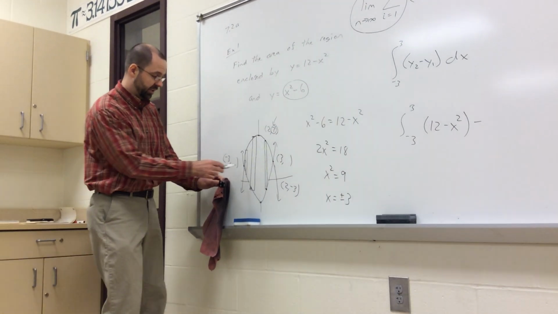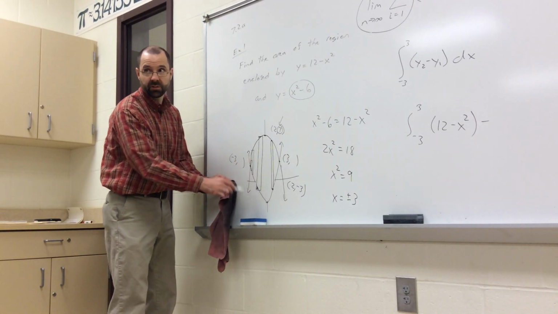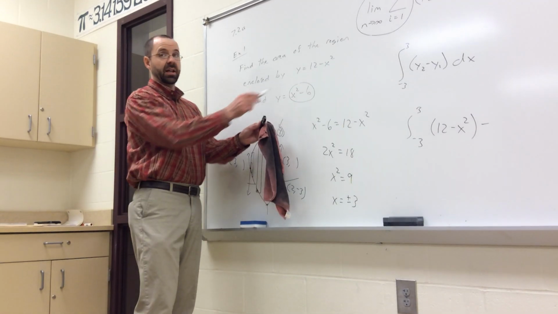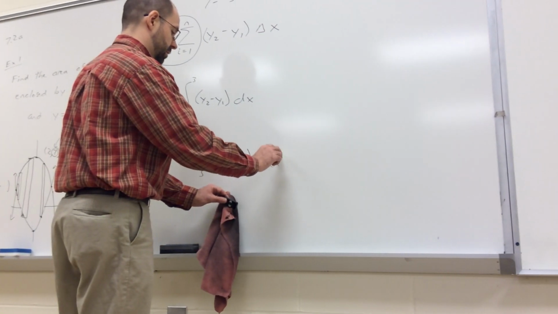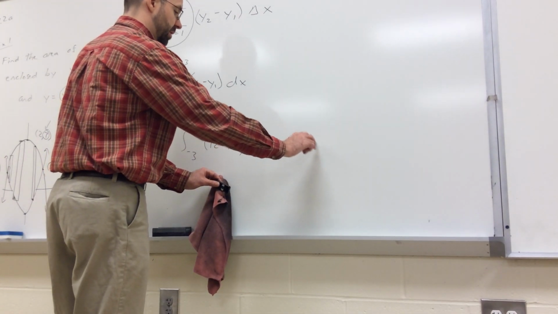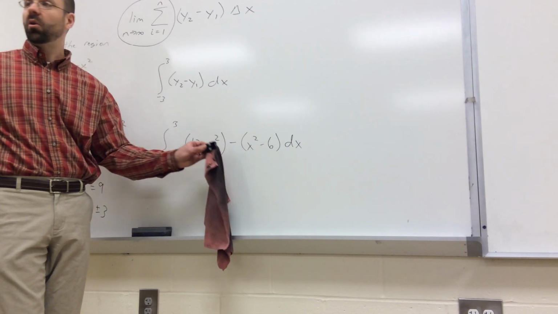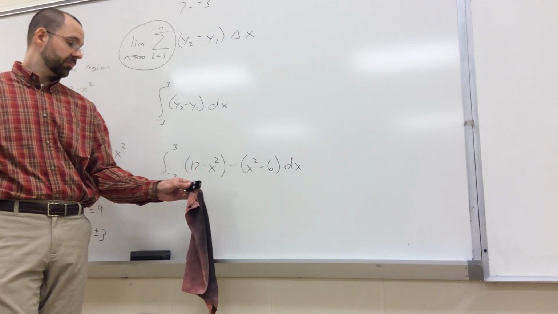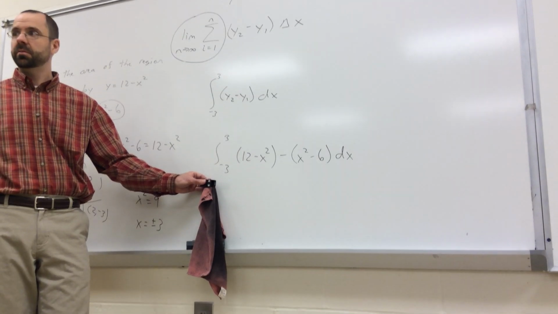But the other y value could be obtained by plugging x into the other formula, right? The right side up parabola. So that y value is x squared minus 6. Careful with your parentheses, right? You don't want to just subtract the x squared. You want to subtract the whole thing, x squared minus 6. Everybody still doing okay?